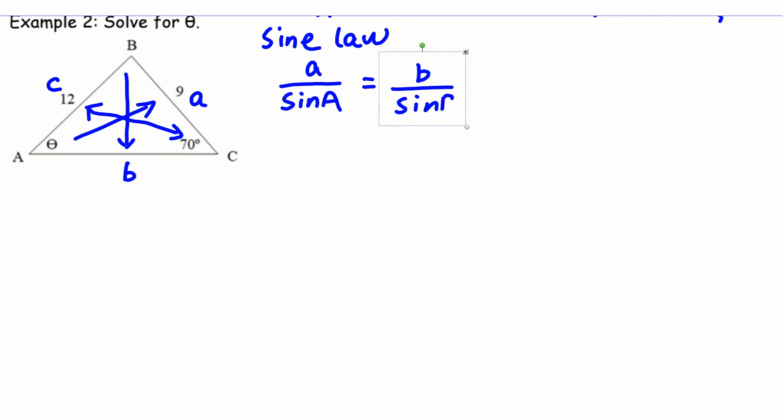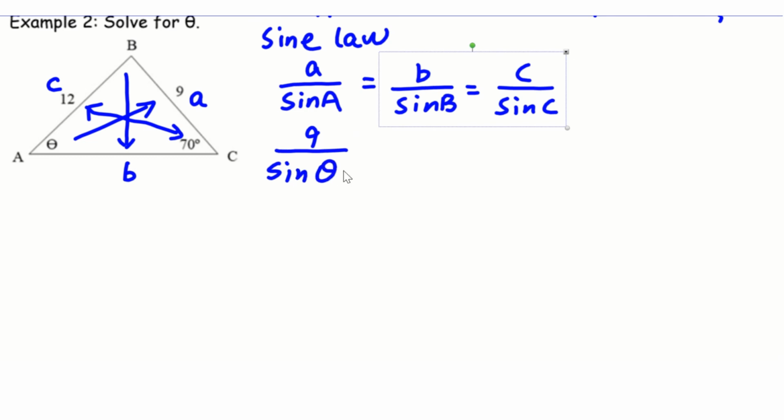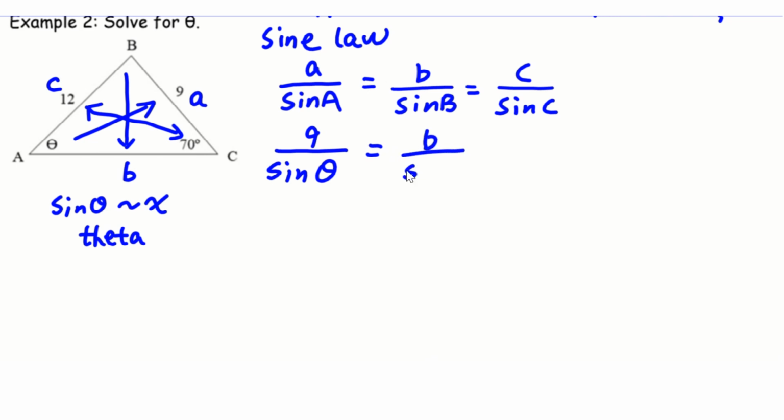And after that, we are going to sub in the given information. So a is 9, angle A is unknown, sine theta, where theta is equivalent to x. It's just a Greek letter. And equals b is nothing, sine B unknown, we just copy them down.